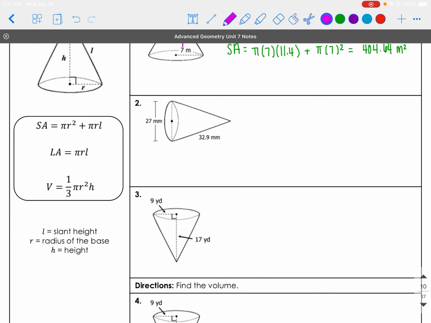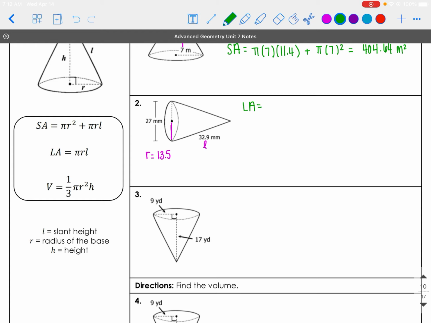Number 2, we have the slant height, but we have the diameter. So remember, the radius is only half of that. So the radius is 13.5. Fill into your formula.